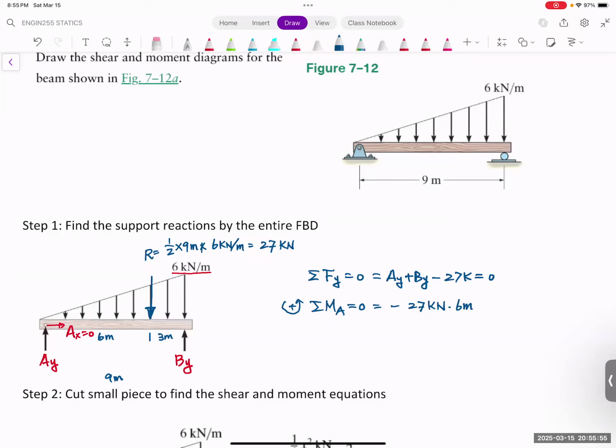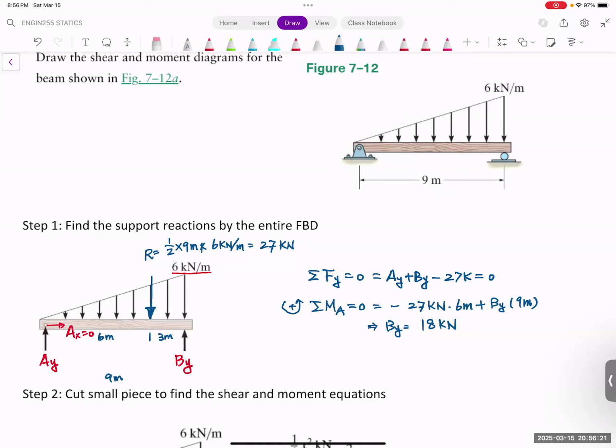And we have B, which will be positive because it's counterclockwise: BY multiplied by 9 meters. So then we can find out what BY is equal to. BY will be equal to 18 kNewton.